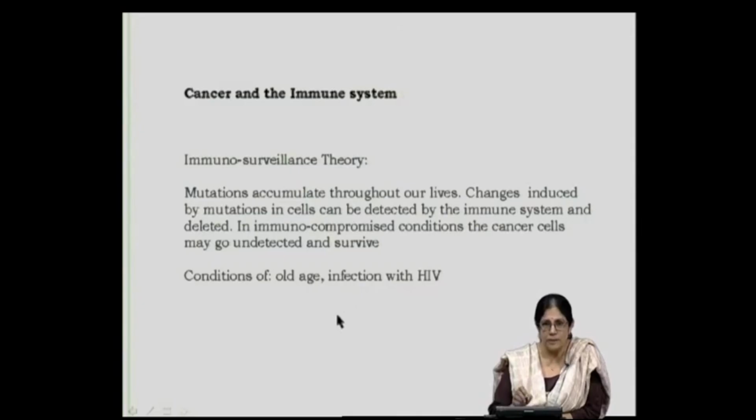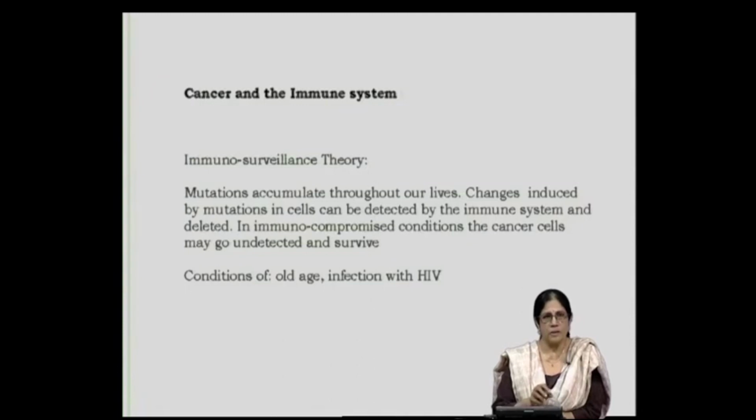Which would mean that with these helper cells, the CD4 cells, coming down with the infection with HIV, their numbers as well as efficiency decrease. It has been seen that individuals who are infected, AIDS patients who have already started showing symptoms of an immunocompromised state, now start to appear with cancers.